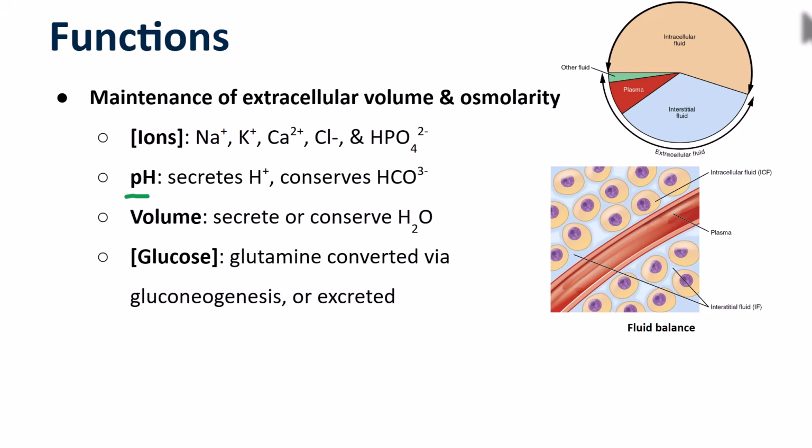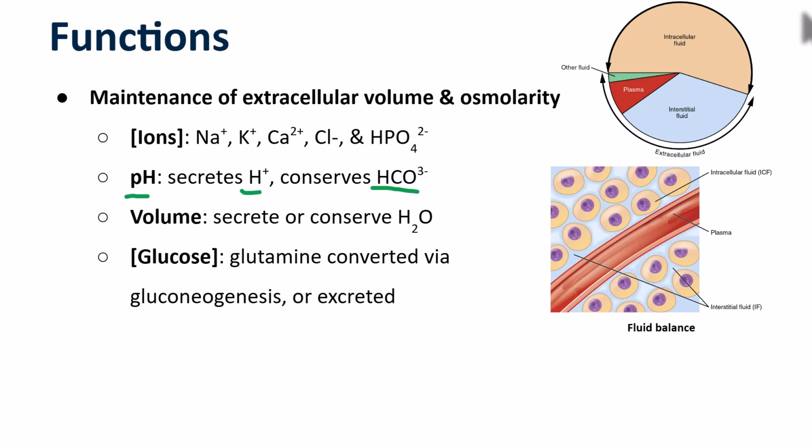So we've discussed this in the context of the respiratory system. Your kidneys may be slow to adjust blood pH, but they are helpful in that they may secrete protons, they may conserve bicarbonate ions depending on local conditions. Your kidneys are also the means by which you can secrete or conserve water.